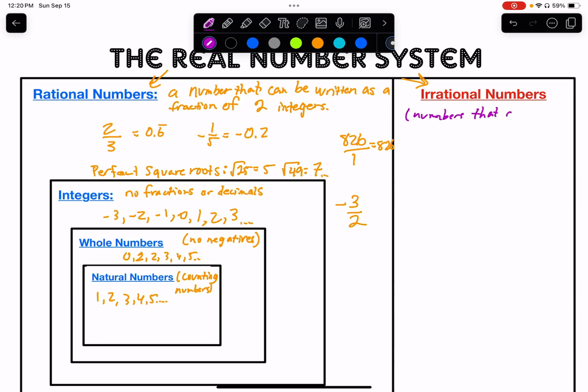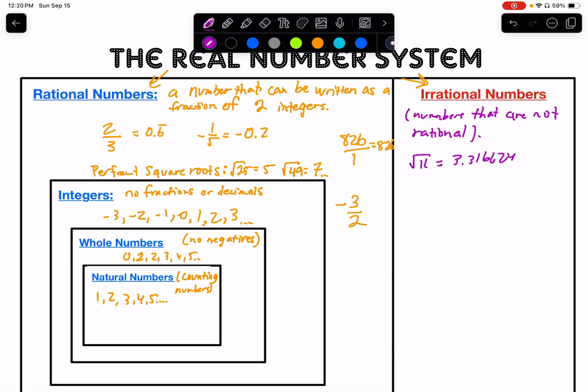If you put that in your calculator, you get 3.3166624, and it goes on forever. The square root of 2 is equal to 1.4142135, and it goes on forever. Square root of 5, square root of 6, square root of 11, square root of 12. All of these are examples.